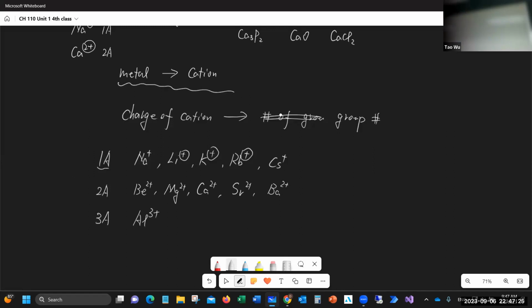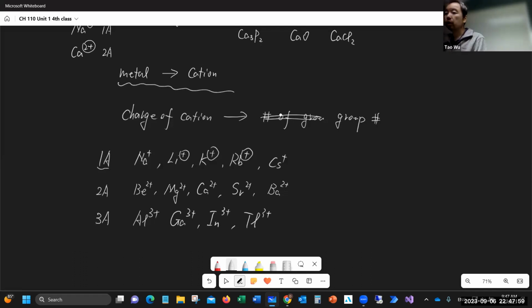And the rest of the other elements generally also have 3 positive. Those are elements we don't commonly talk about, but they still follow a similar rule. So gallium, 3 positive charge, indium, 3 positive charge, and thallium also 3 positive charge.